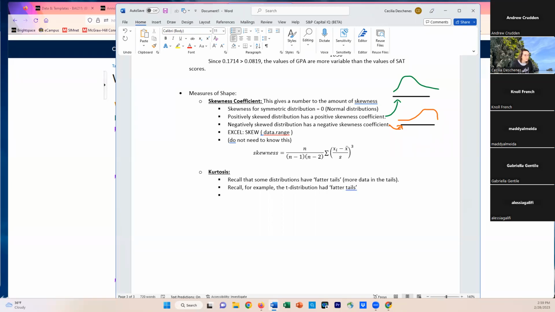And then you can also have some that have thinner tails, so there's less data in the tails.